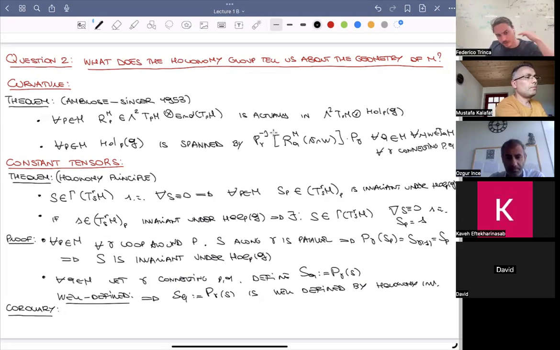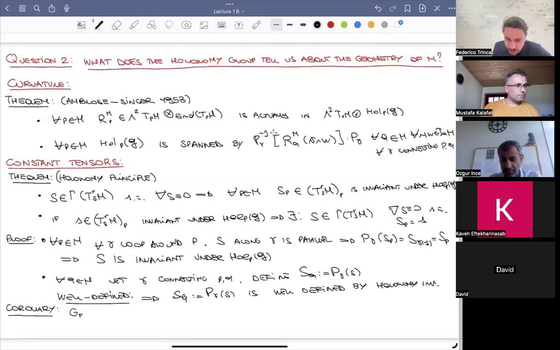The last thing about holonomy that I'm going to say is that the holonomy principle is really telling us which is the correct subgroup of SO(n) that we have.